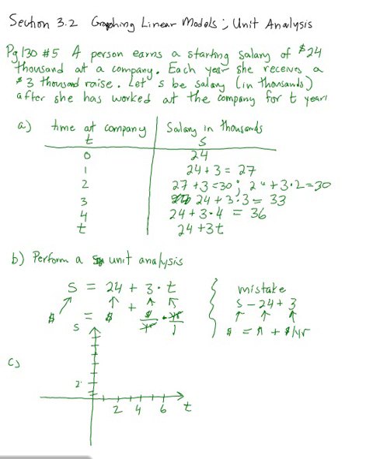So I have time 0, salary 24: (0, 24). (1, 27), that's going to be right there. (2, 30), (3, 33), and (4, 36). So I get a nice line like so.